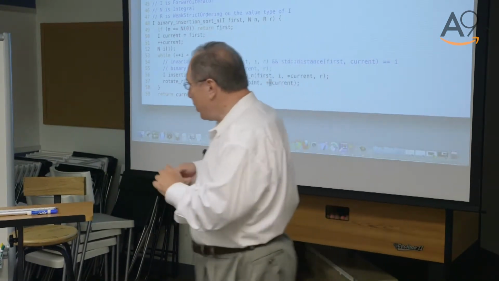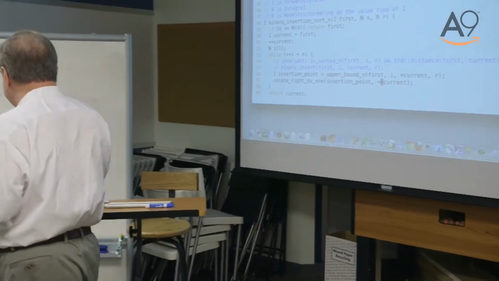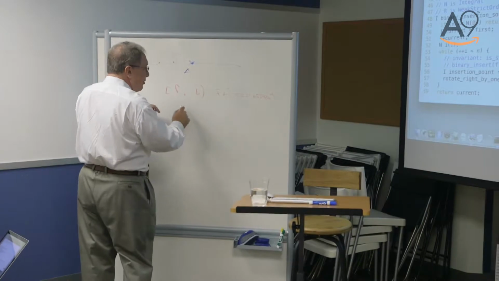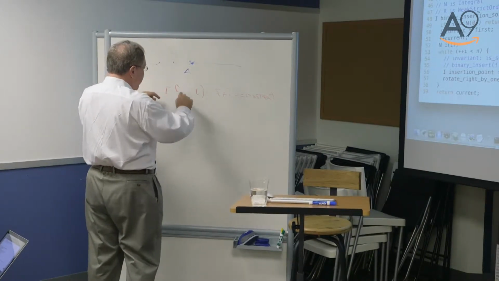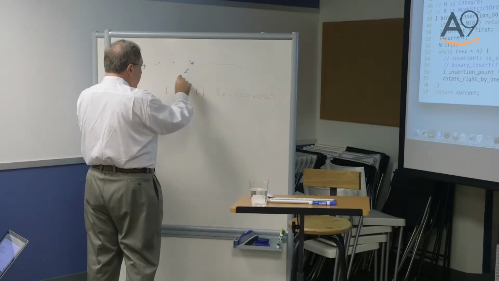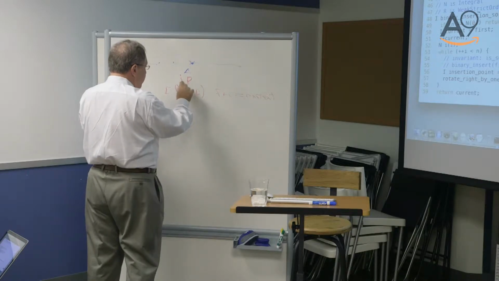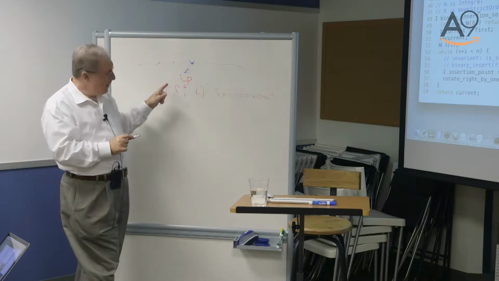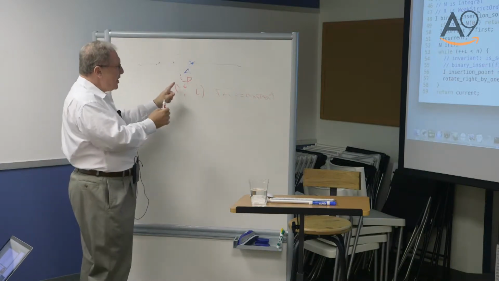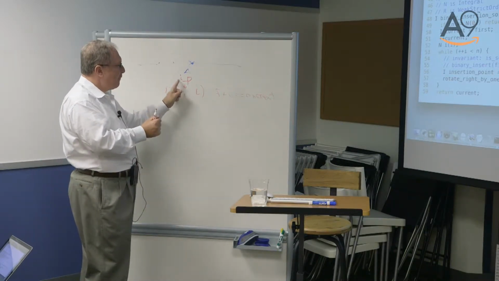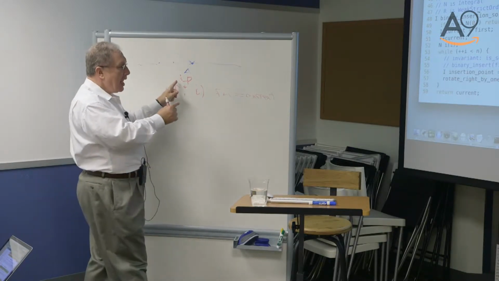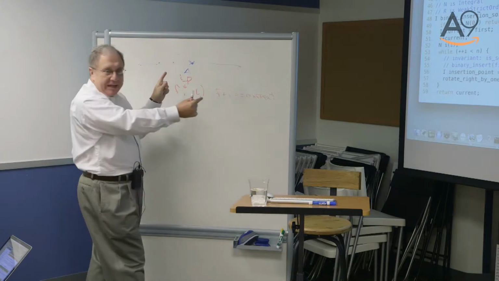Sort of, because what we did, let us just look. We have this interval, we found the point, insertion point, which points somewhere in this range. Yes? And then we need to take a range from insertion point, and past current.